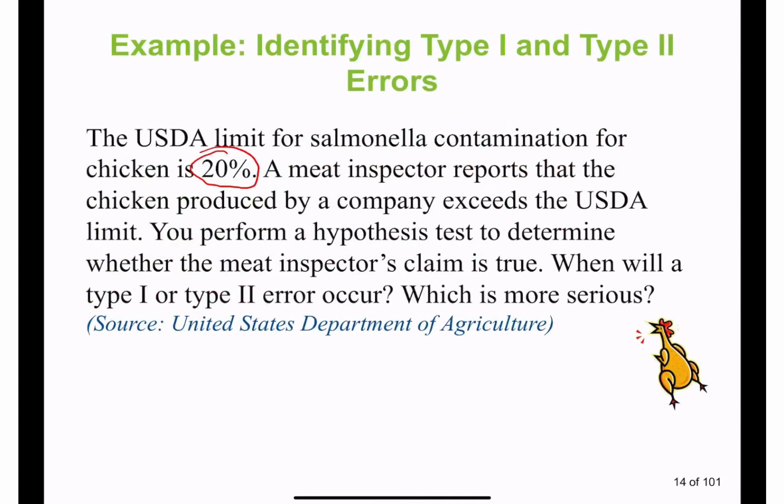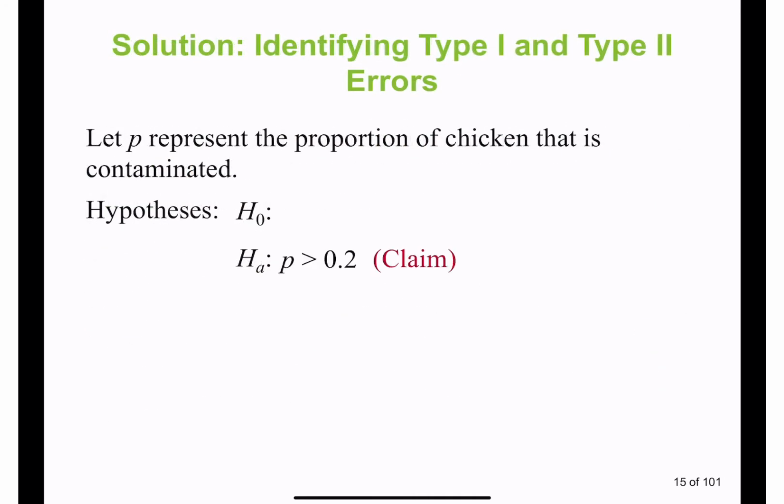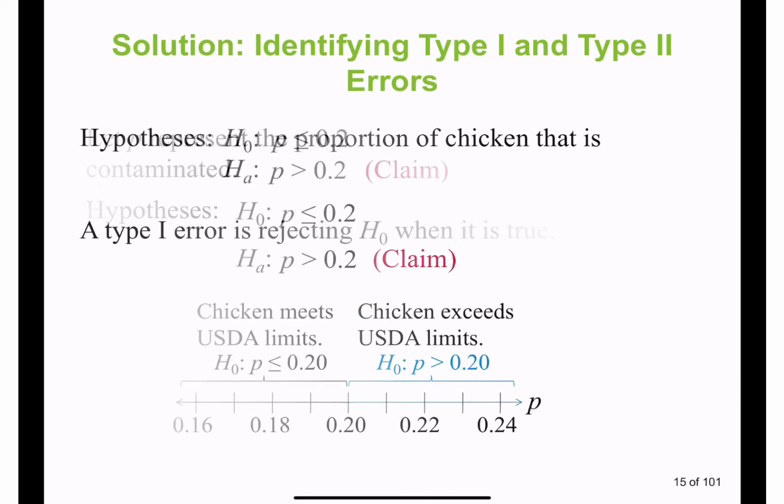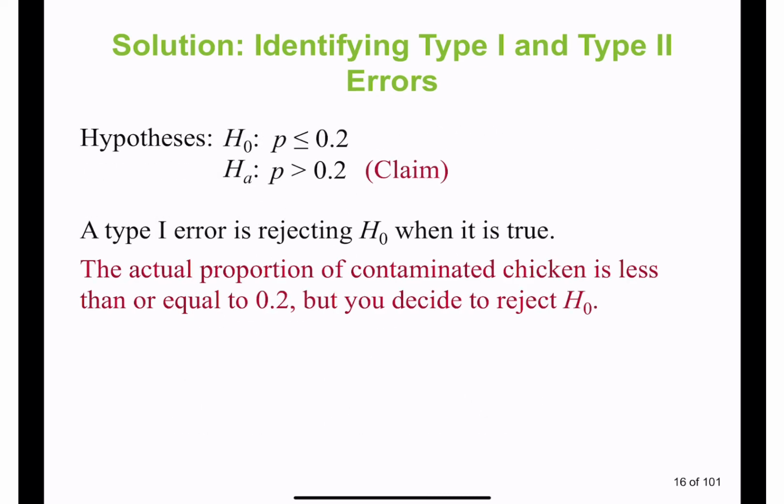Okay, and here you have this claim. The claim is that the proportion is less than or equal to 20%, and the alternative, what he's claiming, is more than 20%, which means the null is less than or equal to 20%, or 0.2. Type 1 error, we already talked about it. Type 1 error is rejecting the null hypothesis when it's true.